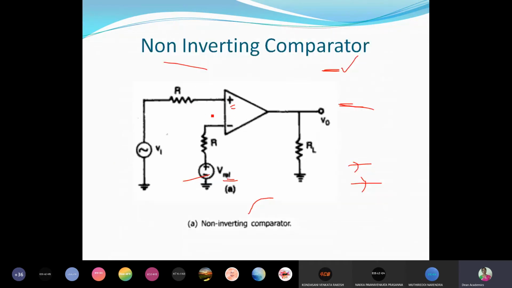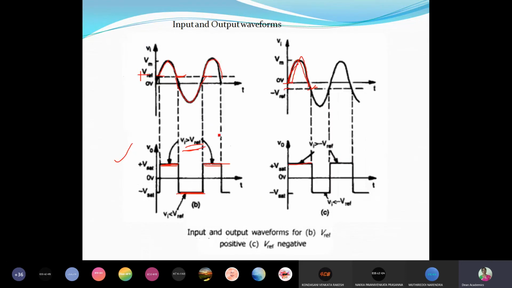It is just a difference amplifier with very high gain. So you will get V naught either at plus VSAT or at minus VSAT. This is a non-inverting amplifier, that's why you are getting the same. That means V naught is plus VSAT or minus VSAT.